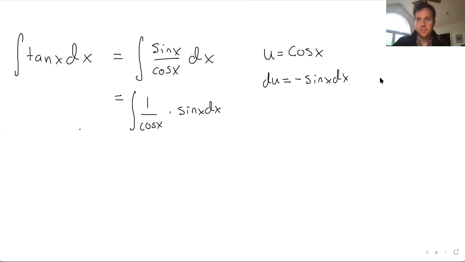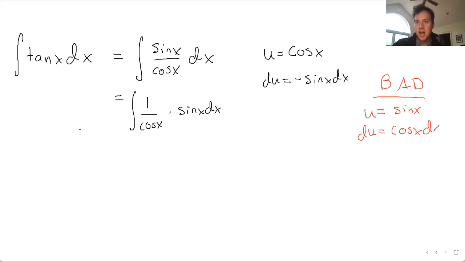The thing that wouldn't work is if you said u is sine x, du is cosine x dx. But what would happen in the integral, if you tried to separate it like this, you would get sine x and then dx over cosine x.